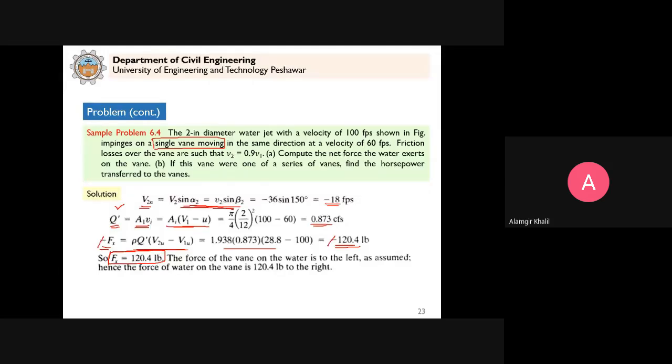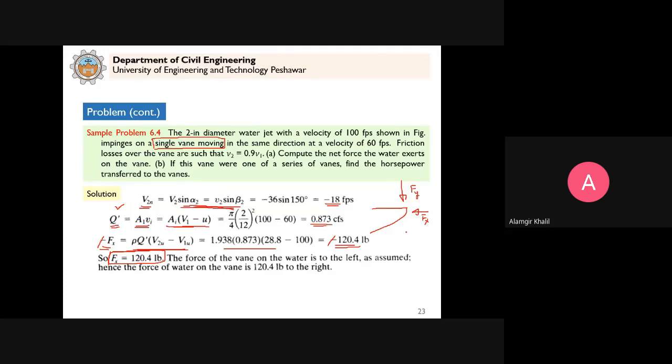It means that the assumed direction, which was in this direction on this vane, is correct. And we consider fy in this direction.